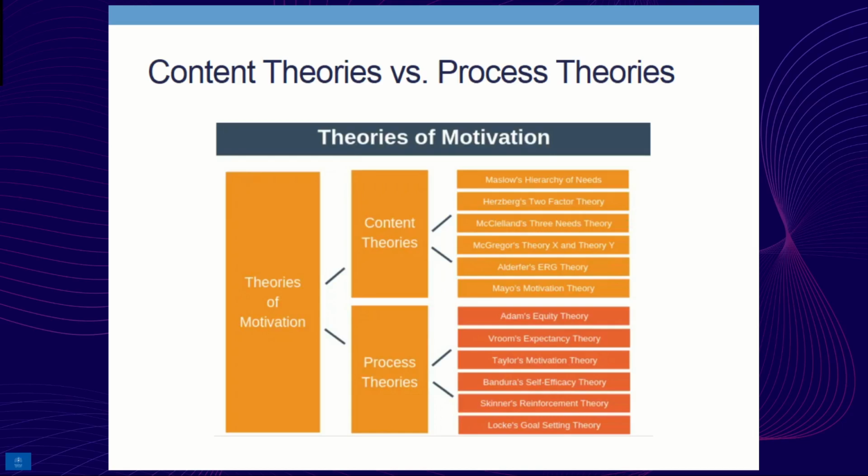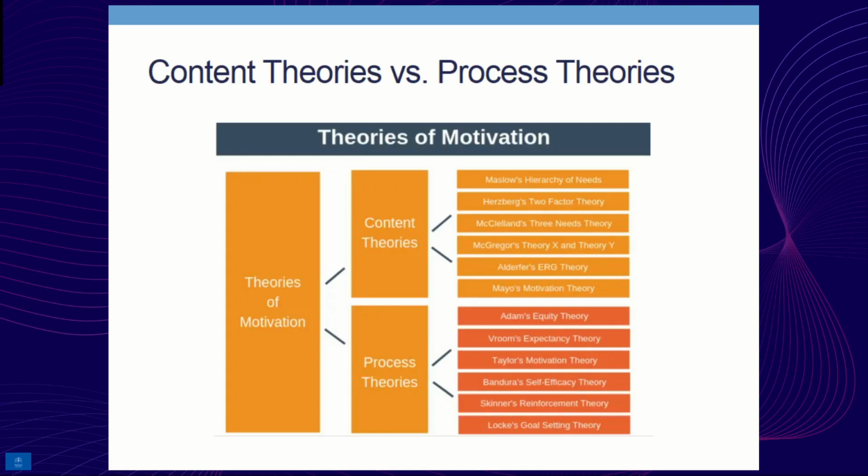Process theories look at how people are motivated. They are concerned with the process by which motivation occurs and how we can adjust our process to alter motivation levels. You can think of process theories of motivation as focusing on how motivation occurs.